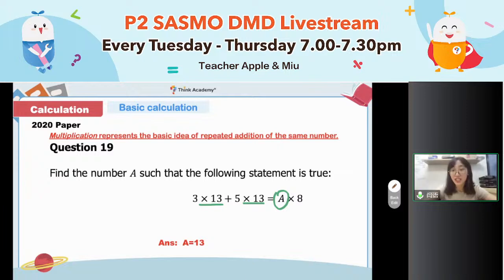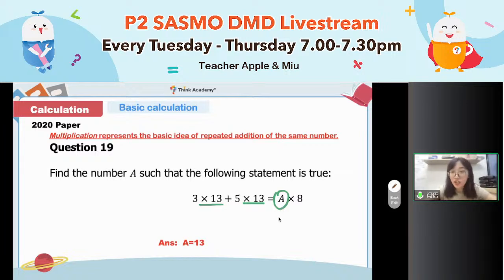Letter A. That is 13 as well. Understand now? So actually everyone, you see, again, in the real test paper, you don't need to know how to calculate 3 times 13 or 5 times 13. As long as you can understand the meaning of multiplication, you can figure out the answer of this question very quickly. Okay, so this is the basic one.